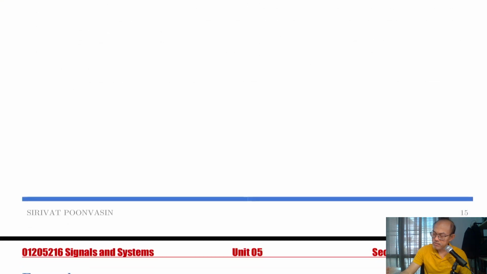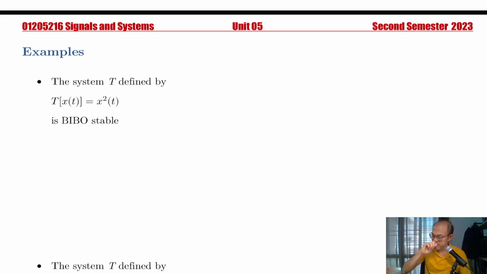Now, let's look at an example. I'm going to show that the system T defined by this equation is BIBO stable.